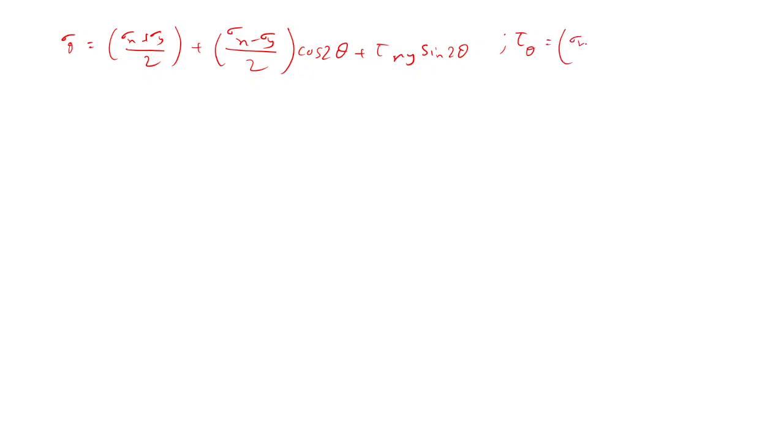What is this? Sigma x minus sigma y by 2 sin 2 theta minus tau xy cos 2 theta. If I am writing anything wrong, let me know. So what I am looking for is the maximum normal stress: in which plane this normal stress would be maximum or minimum, and what would be its value.